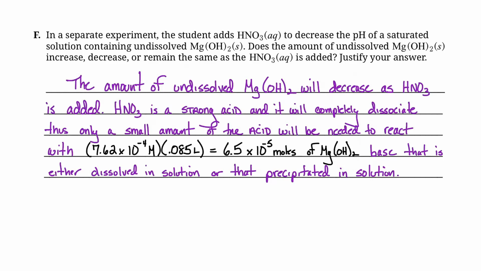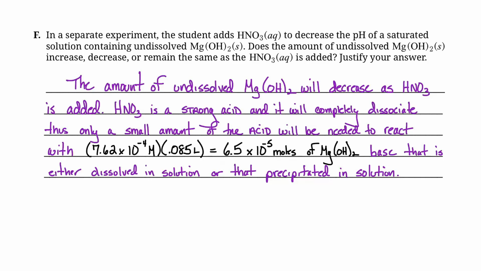You wouldn't need much of a concentration and a volume to react with, in this case, double the amount of 6.5. All right, so again, 1.3 times 10 to the negative 4 moles of hydroxide ions is just a very, very tiny number. It wouldn't take much. So clearly it's going to react and neutralize and make water with the hydroxides dissolved in the solution and/or as a solid.